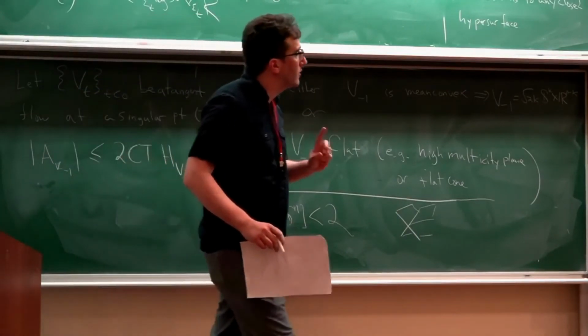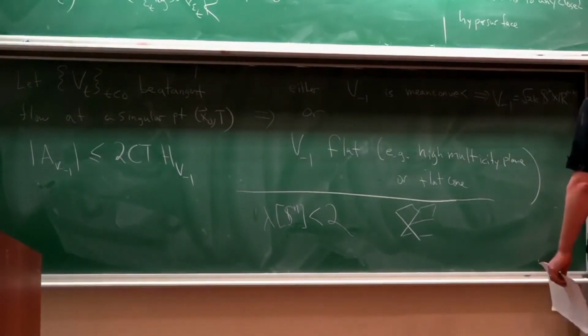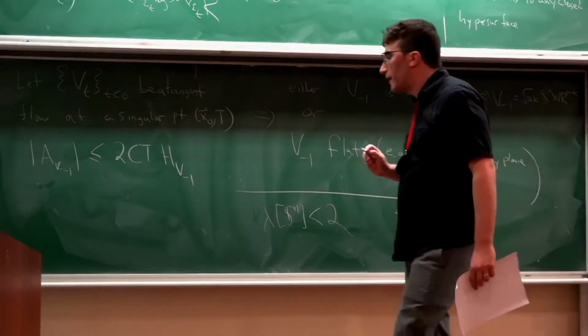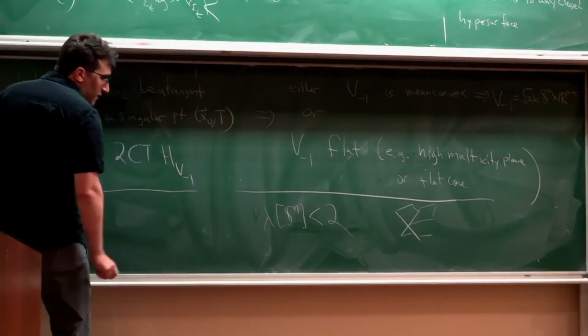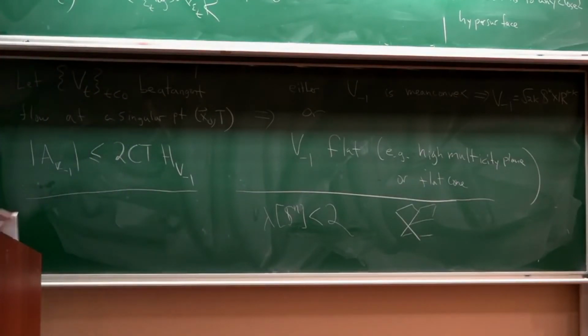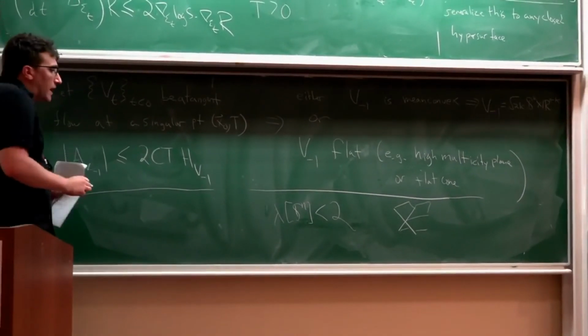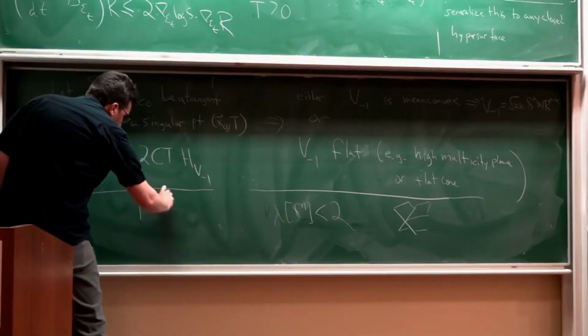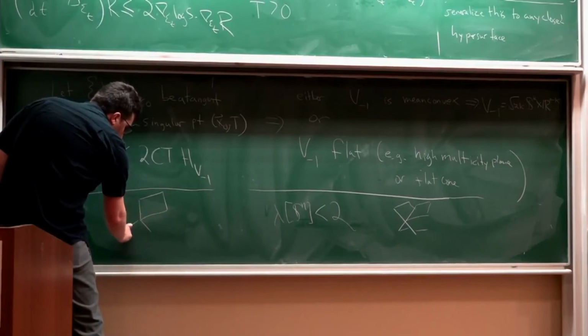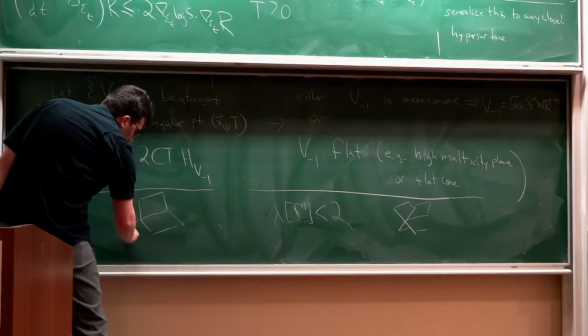There's one annoying situation which has to do with the following fact. There's one annoying cone which sometimes you have to worry about in these things, which is that you take a sort of triple junction.